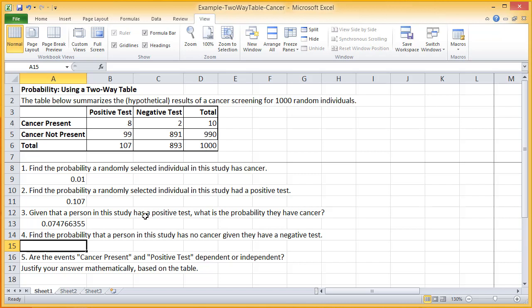So in this situation, we know that on the first screening, there were 107 people who received a positive test back, but only 8 of those, only about 7% of those, actually ended up having cancer. And that's why you often hear that hearing the news, you may have cancer, initially is very scary, but oftentimes will be followed up with a comforting statement.